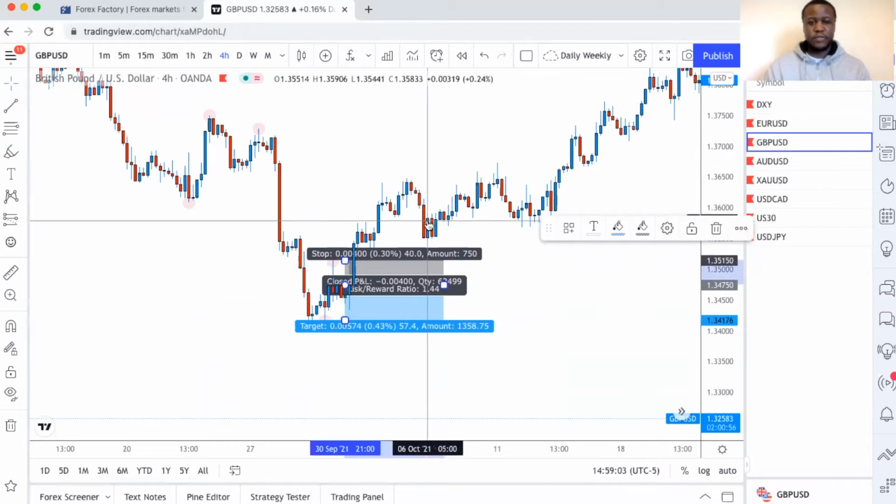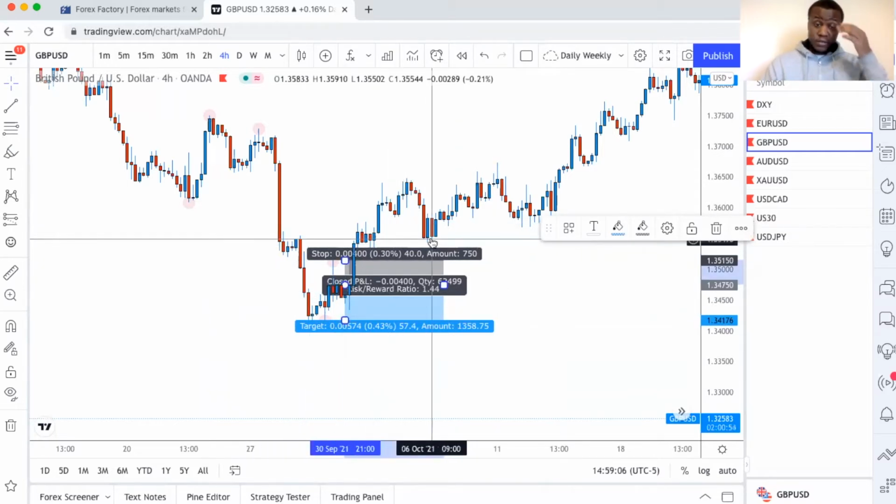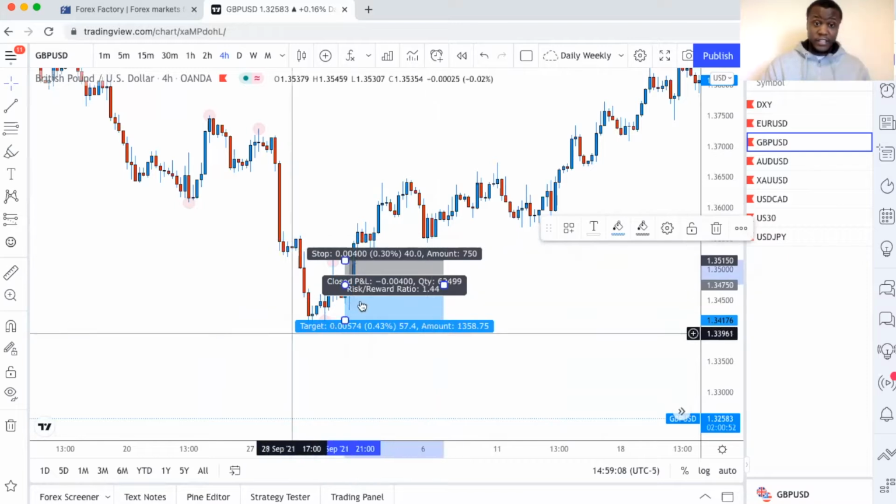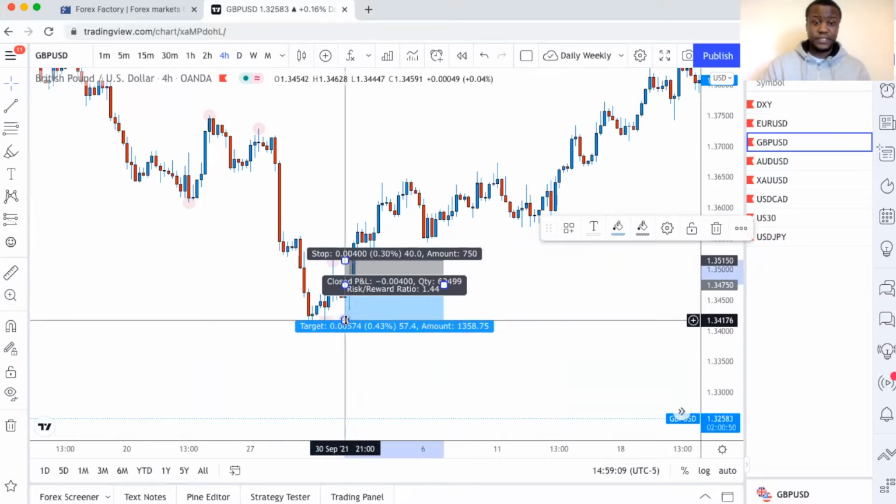I want to look for a trade that's at least 2 to 1 or greater. So I wouldn't take that trade.